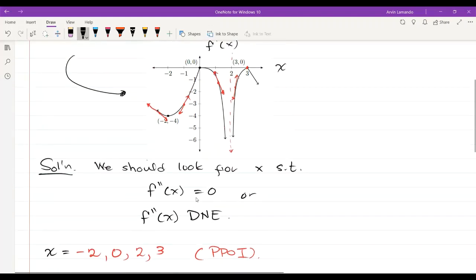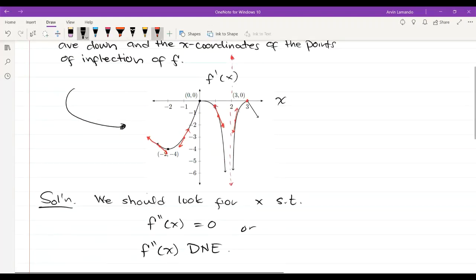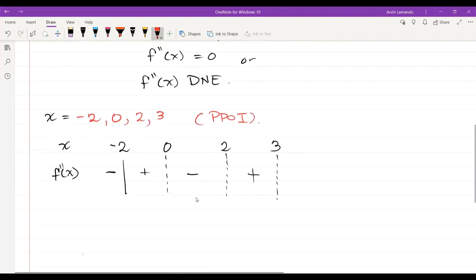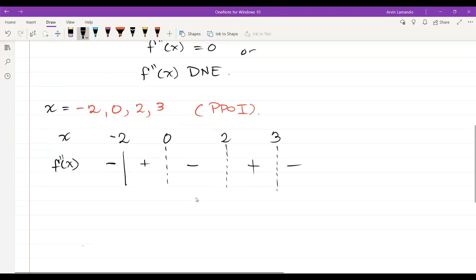And when x is greater than 3, f prime of x is a line that points downwards. Therefore, the slope f double prime of x is always negative when x is greater than 3.